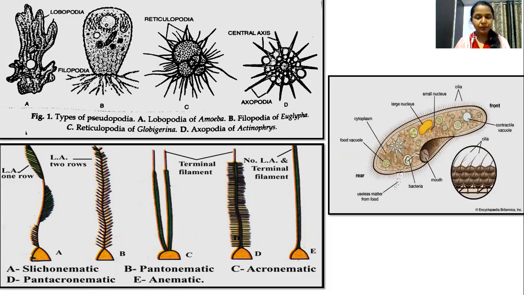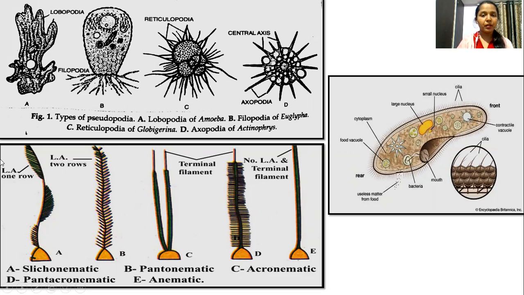See, these are the axopodial extensions, supported by a long, stiff central axis. That's why these are semi-permanent. The function of the axopodia is majorly not locomotion, but to capture food. This will be seen in actinophryids.